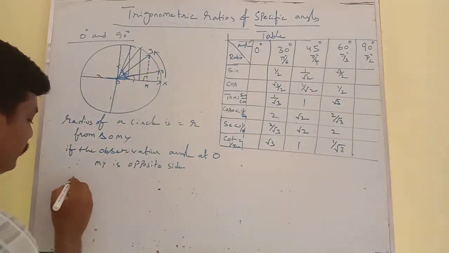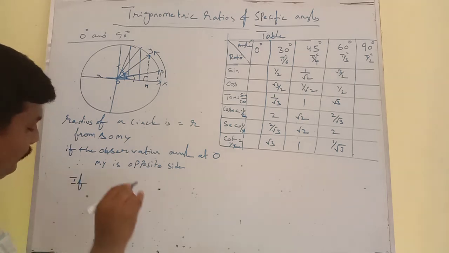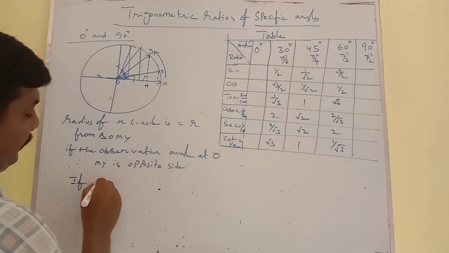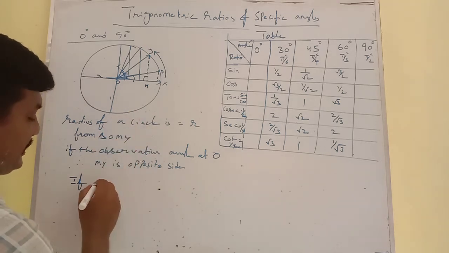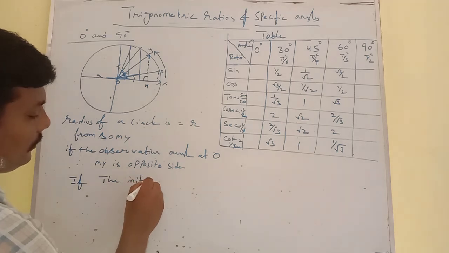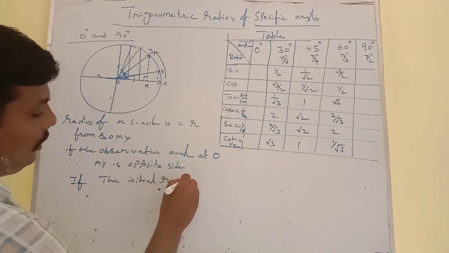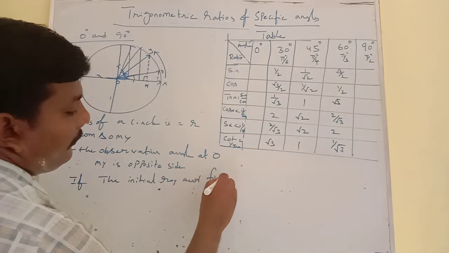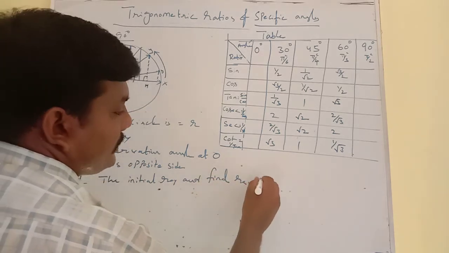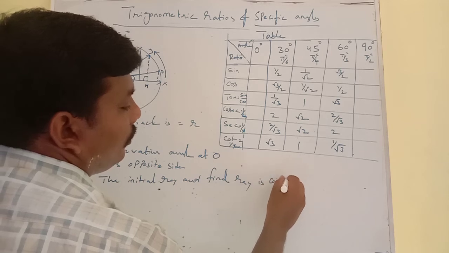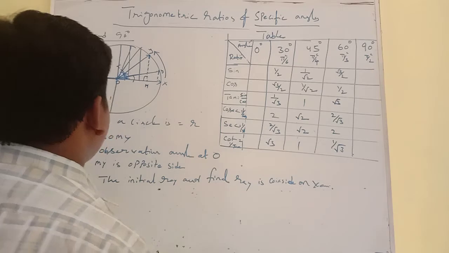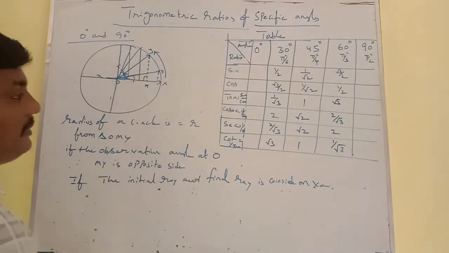So if the initial ray and the final ray, or terminal ray, coincide on the x-axis, therefore the angle will be 0.